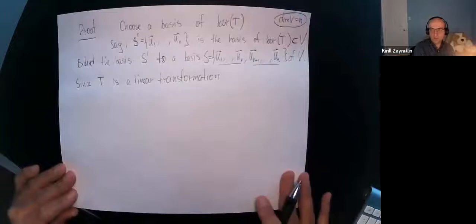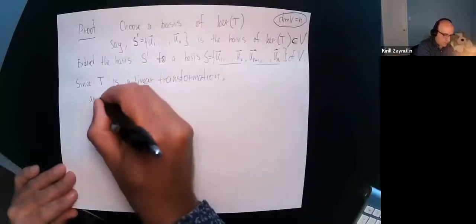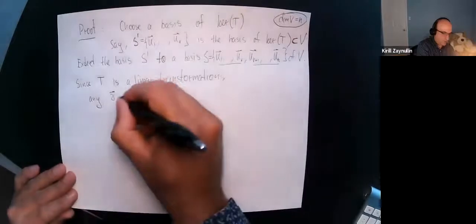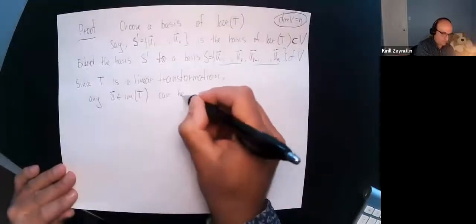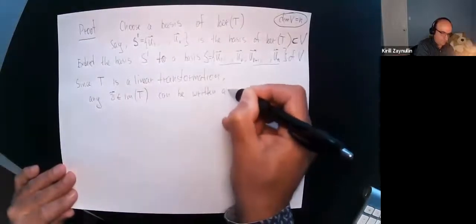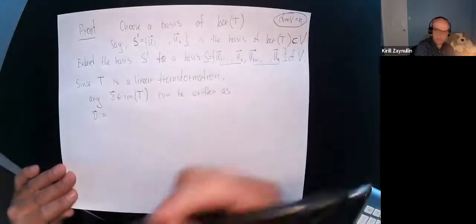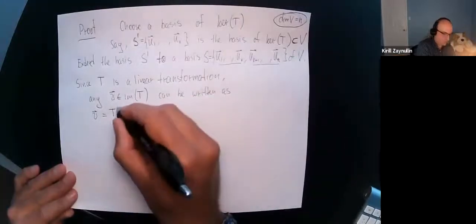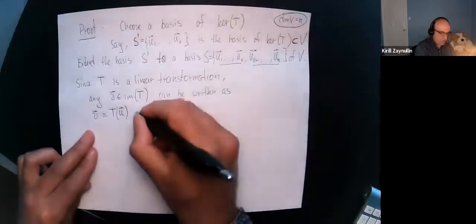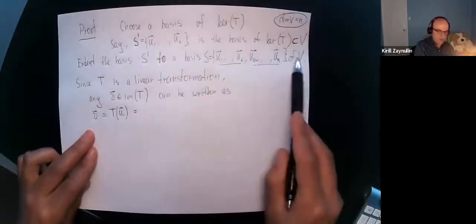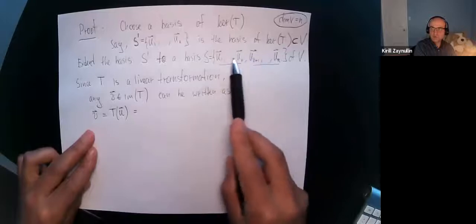In particular, suppose we are given any vector V from the image of T. Since it is in the image, it is the image of some other vector, say U, so we can always write V equals T of U. This is a basis of our vector space V, so we can write any vector U as a linear combination of vectors from the basis.